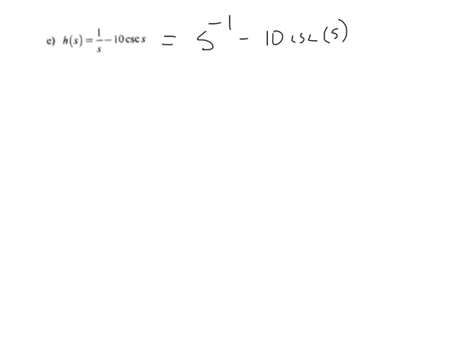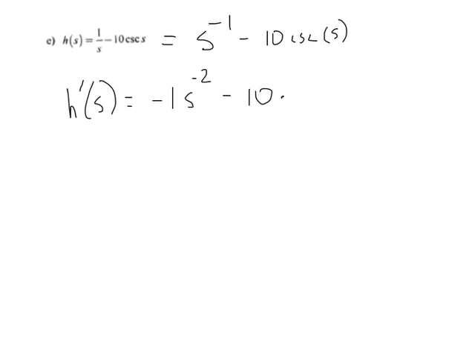So for the power rule, this would be h prime of s. I would bring the -1 down, and then I have s, and now remember it's 1 less. Some of you are going to be tempted to write it to the power of 0, but it's actually to the power of -2, minus 10 times, and this gets a little bit trickier.